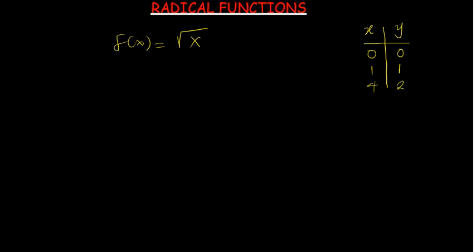So we can now sketch this from the data that we have collected. So we have got x and we also have y. So we have got 0, 0, and then we've got 1, 1.